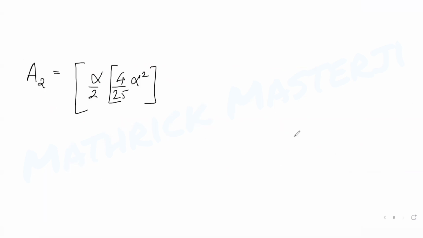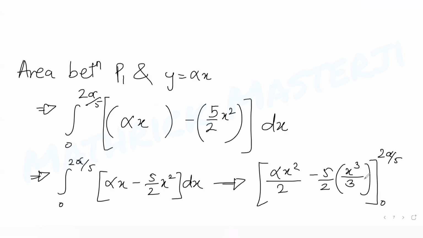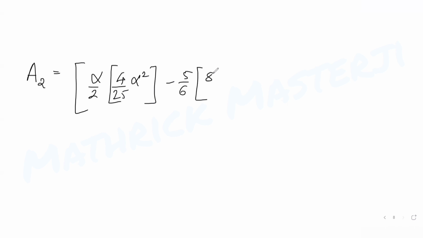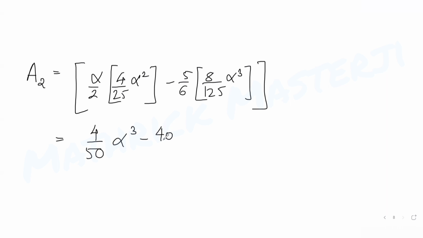Then 5 by 6 and x cube. So x cube, with 2 alpha by 5 the whole cube, is 8 by 125 alpha cube. So you get the entire thing as 4 by 50 alpha cube minus 40 by 750 alpha cube.